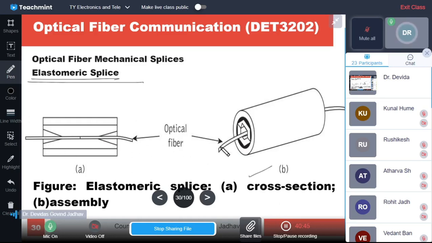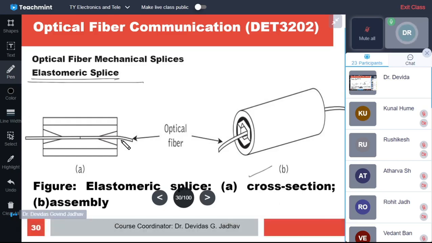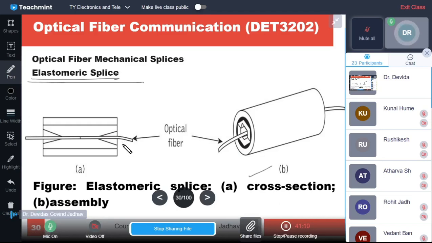These are the optical fibers, and another optical fiber, and there is a flat section. Due to elasticity, they provide pressure on the fiber to hold it and achieve the lateral, longitudinal and angular alignment. All these alignments are achieved.